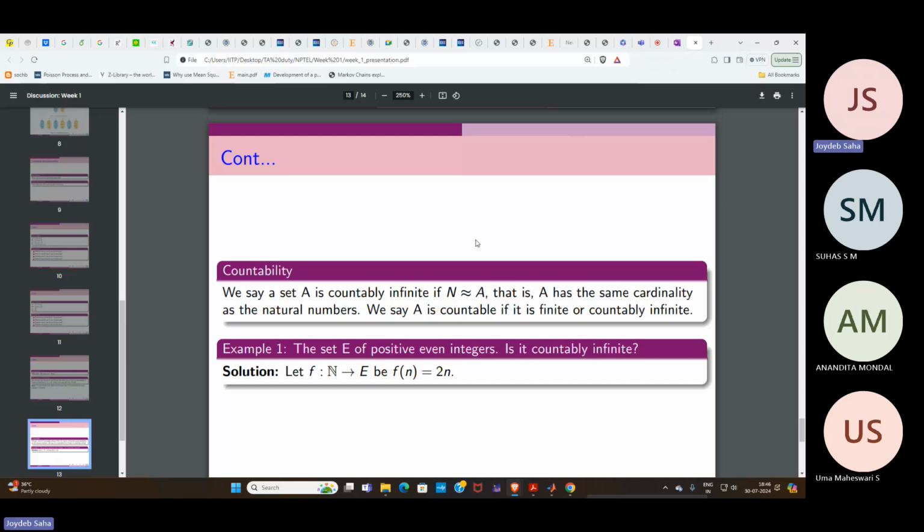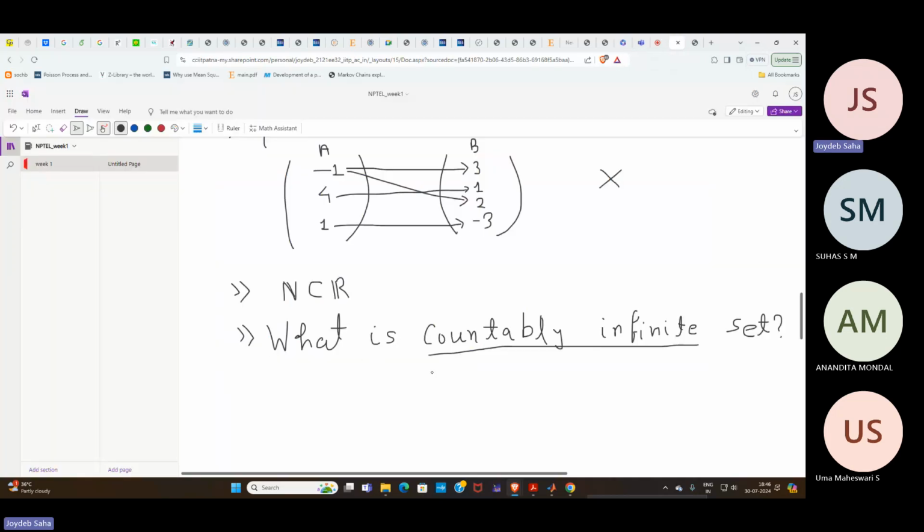Take your time, 2-3 minutes, think about this. The question is written here. What is a countably infinite set? And what do we call countable?